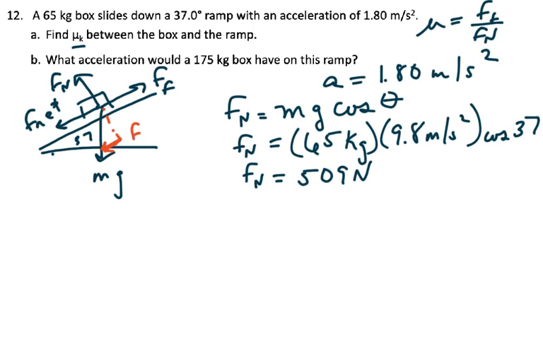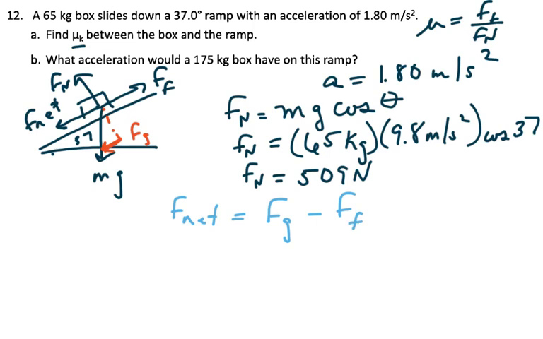I'll call that one Fg, because it's the force due to gravity lined along with the plane. And switch to blue, I guess. So we got our net force, this is what we actually observed happening, is equal to Fg minus the frictional force.